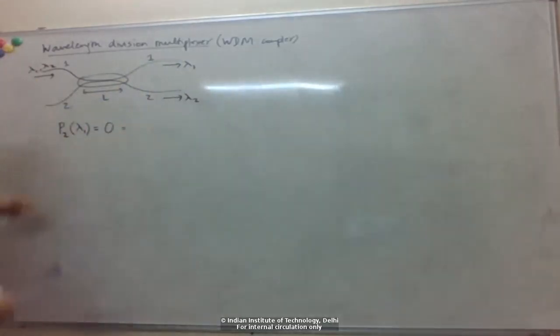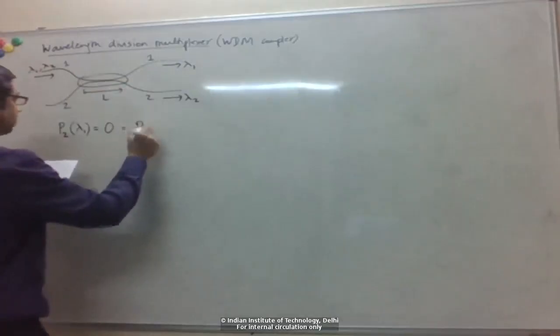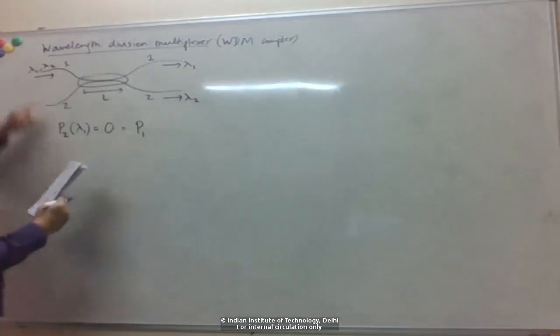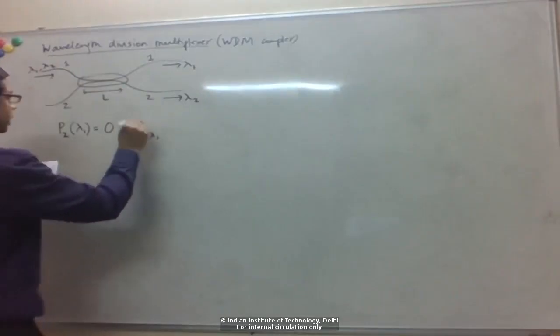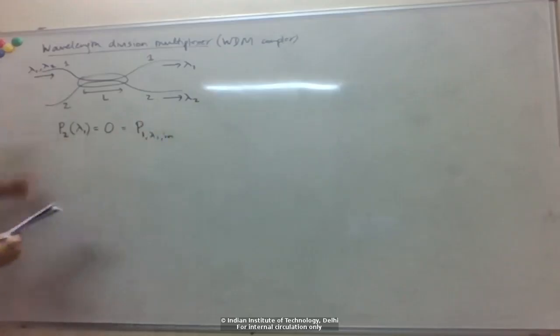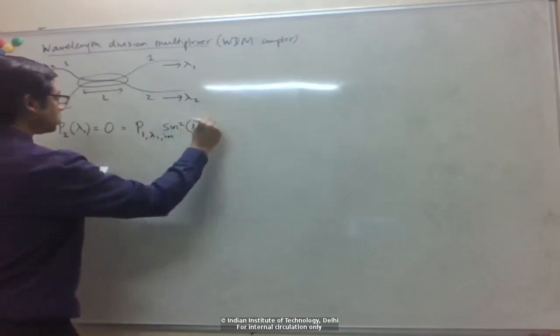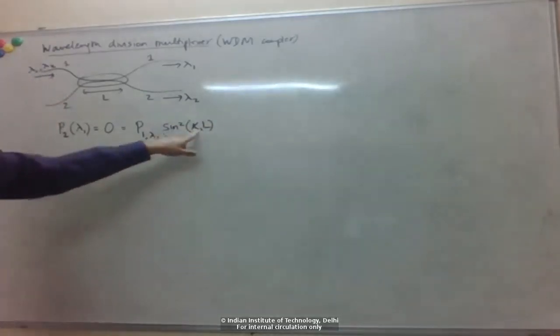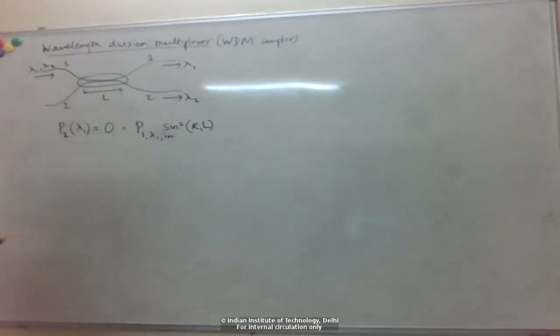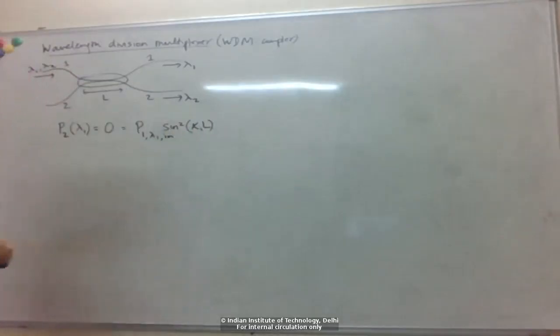And recall, the power in port 2 went as the input power, that would be the power in port 1 at lambda 1 input, that's the power coming in from here at lambda 1. Kappa 1 would be the coupling coefficient at the wavelength lambda 1, and the power coupled to the other port goes as sine square of kappa times L, we saw that last time.